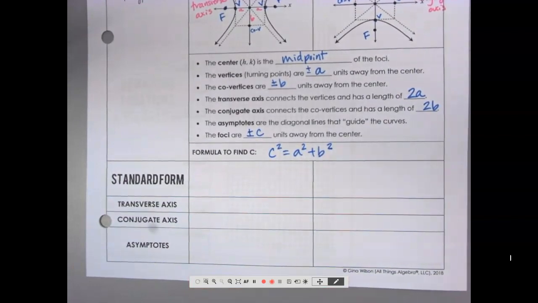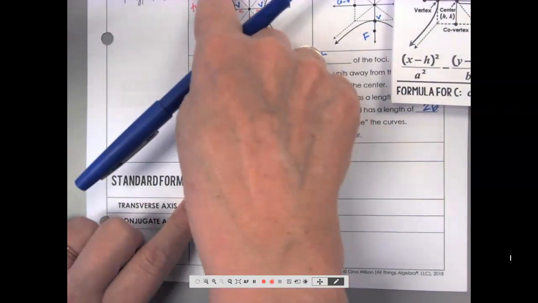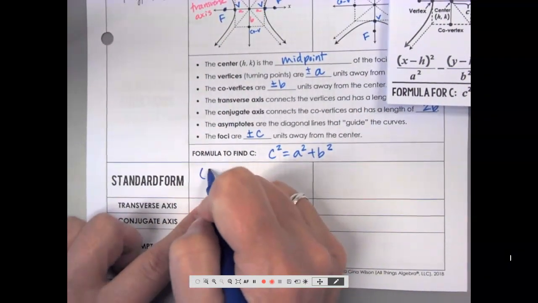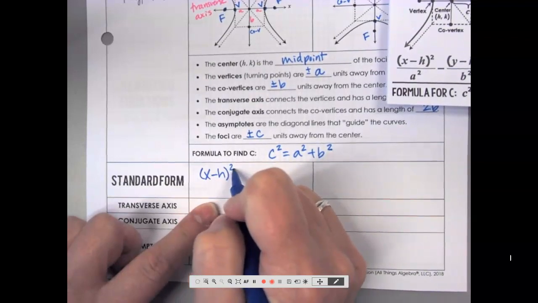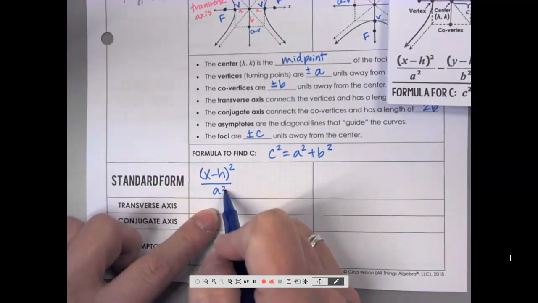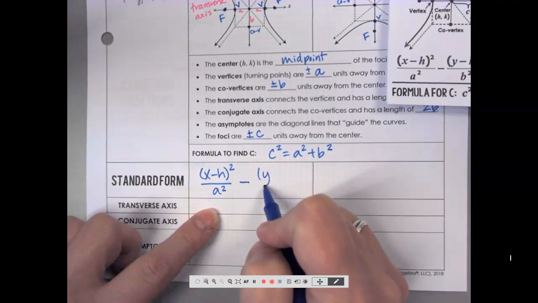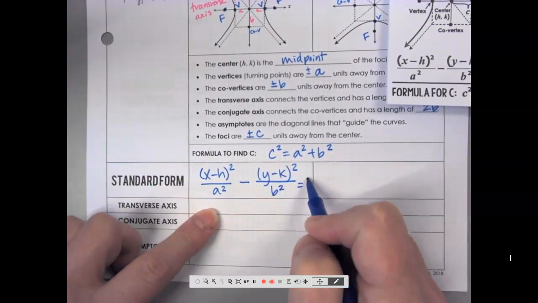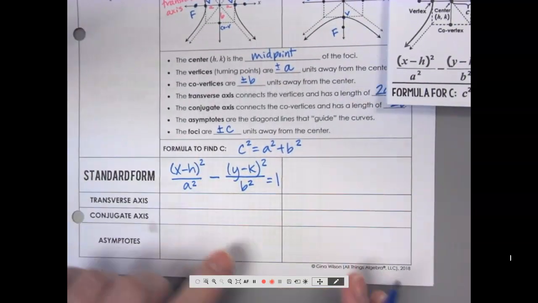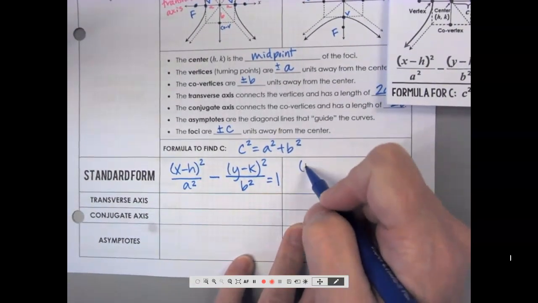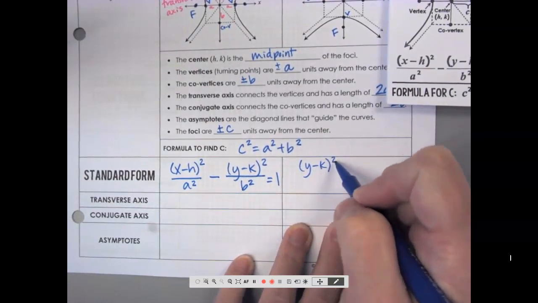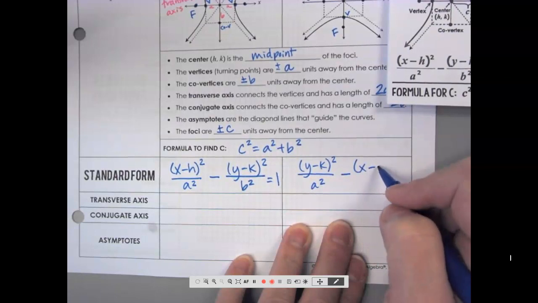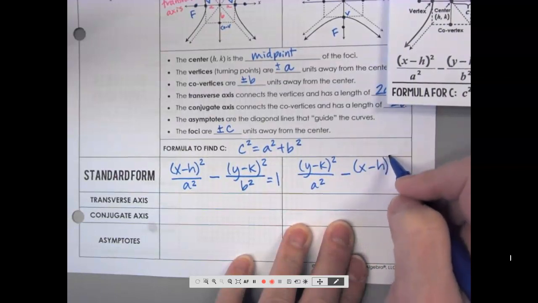Okay, standard form for, I'm writing this under horizontal, I'm just taking it off that formula sheet, is (x minus h) squared over a squared minus (y minus k) squared over b squared equals 1. For a vertical, the y term is positive, and the x term is negative.